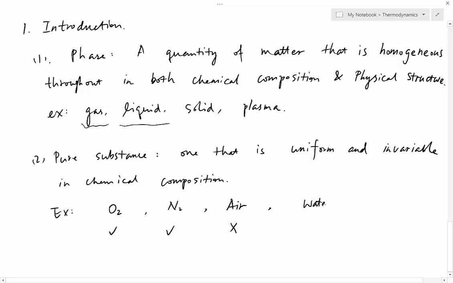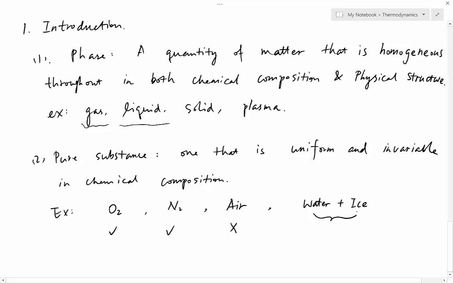Water plus ice. Water and ice both together is the pure substance or not? Let's go back to the definition. The requirement is uniform and invariable in chemical composition, which means they have to have the same molecule. Do water and ice have the same molecule?